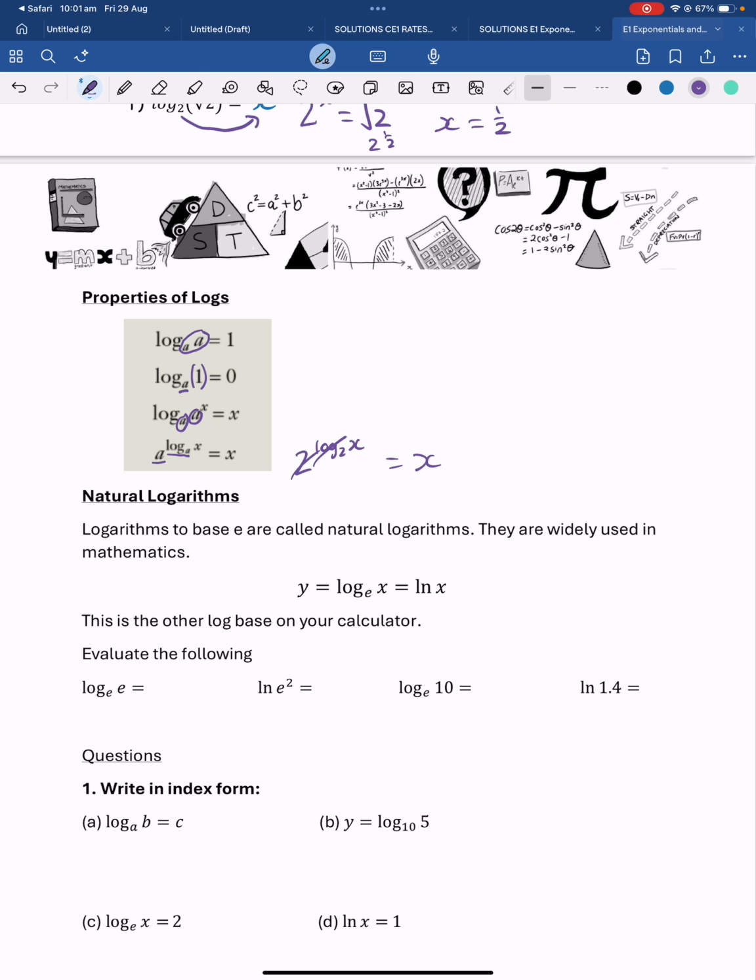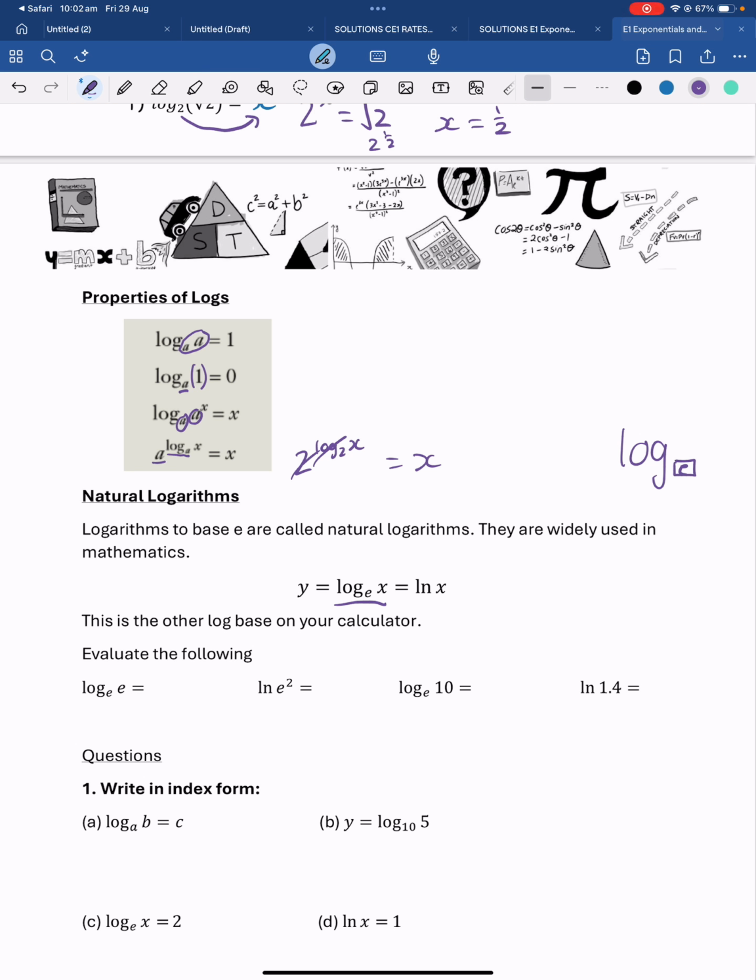Another thing to know then is the different types of logs we can have. So logarithms to the base of e. Log could have a base of any number down here, but one thing we look at in particular is if there's a base e. If something has a base e, and you can think mathematics, we're lazy.